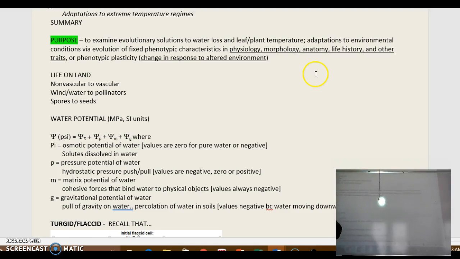So water literally just bathes the cells from the environment, and they are extremely dependent on water for all their life functions, including reproduction, because their sperm are flagellated. Remembering any of this? And so these are what we believe is the first instance of adaptations to life on land, the challenges of living on land.